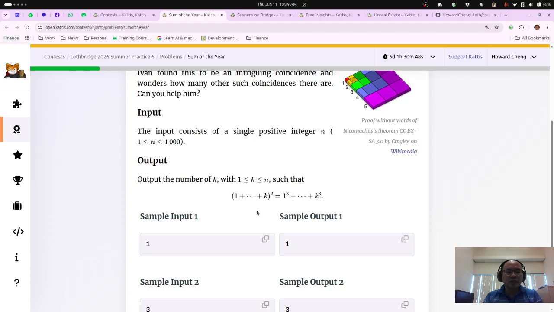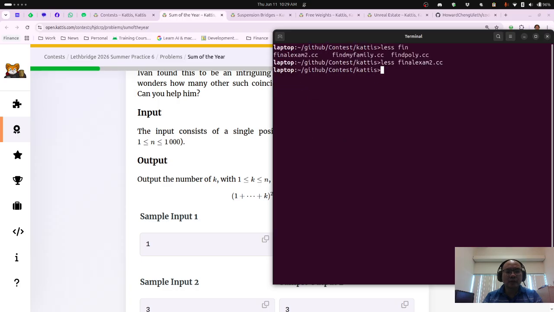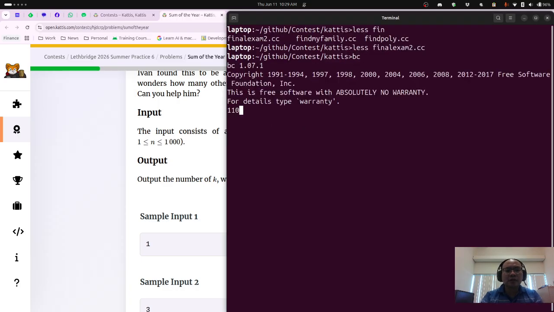That sounds pretty easy, but you might have to be a little bit careful. Why do you have to be a little bit careful? You can have up to 1,000 cubed. 1,000 cubed is 1 billion.